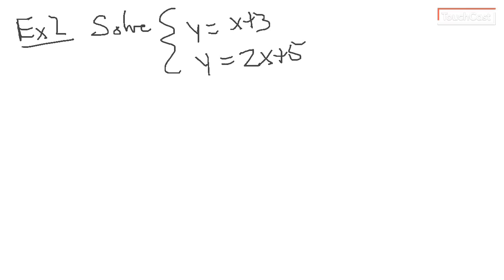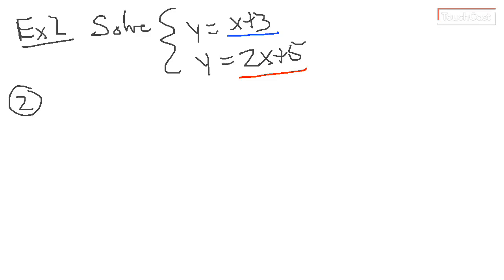In fact, you're going to notice in this video we're dealing with simpler systems when it comes to substitution, because they both are equal to y. x plus 3 equals y, 2x plus 5 equals y. So we're going to just set them equal to each other. In these cases, we're always able to skip step 1 and move straight into step 2.